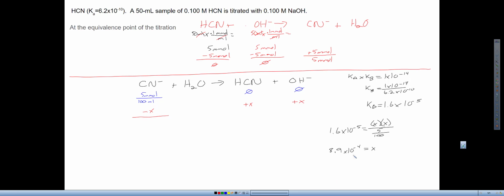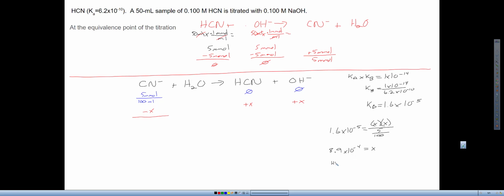We have to be careful again because what did I just find? I found X, which is hydroxide. But if I'm looking for the pH, and I left off the question, but they're asking for pH, if I'm looking for pH, I have to solve for that.